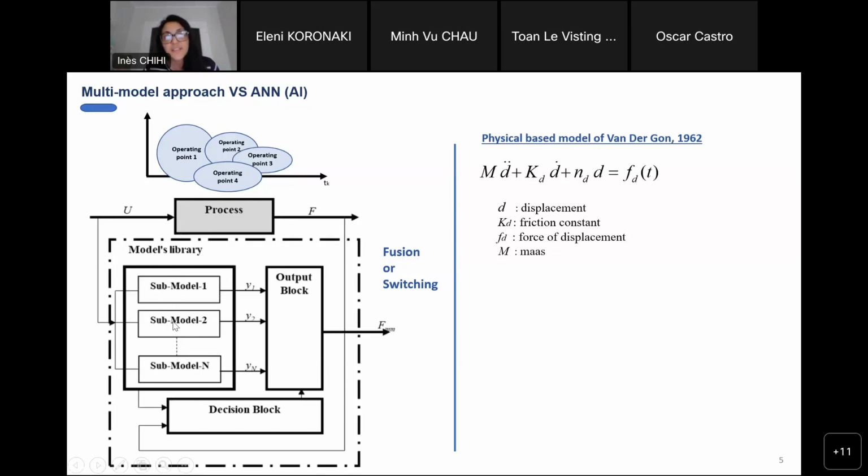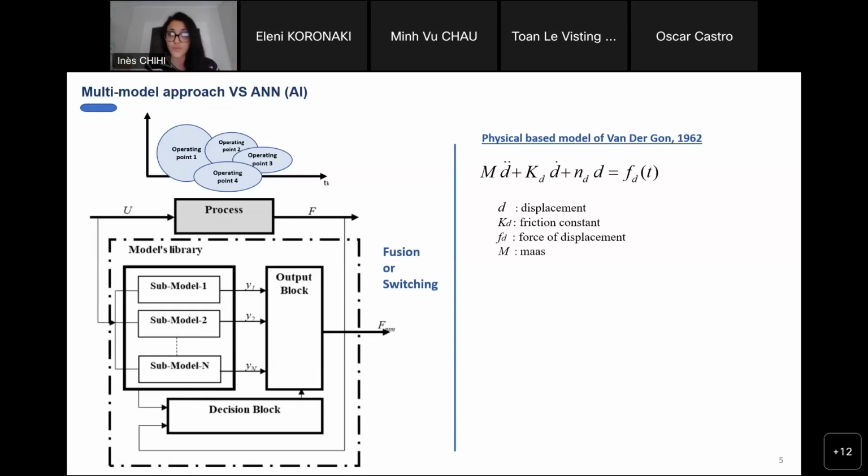So each model represents a specific behavior of the system in a specific operating point. Then I have the output block. The output block does the fusion or the switching between the models, because we have two ways to compute the outputs: with the fusion or with the switching between the models.